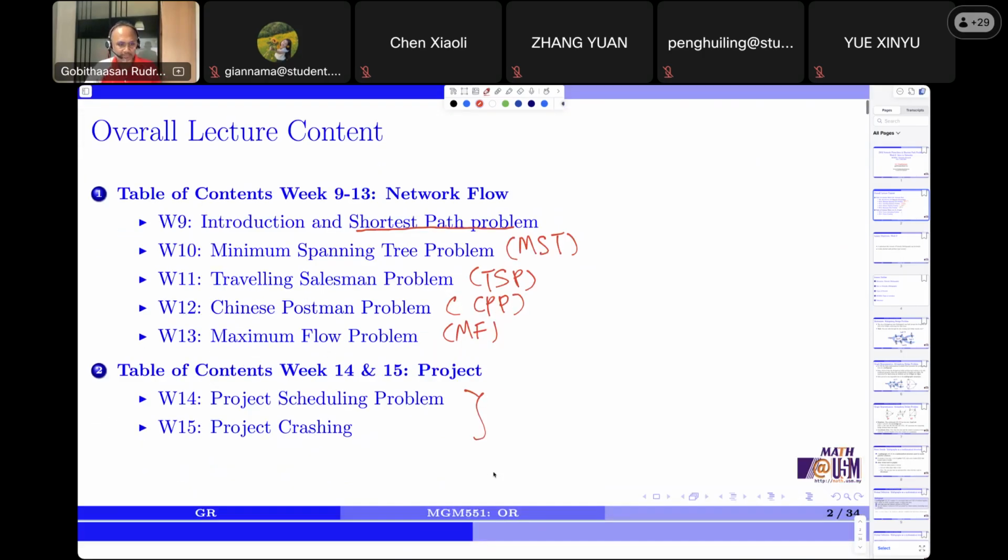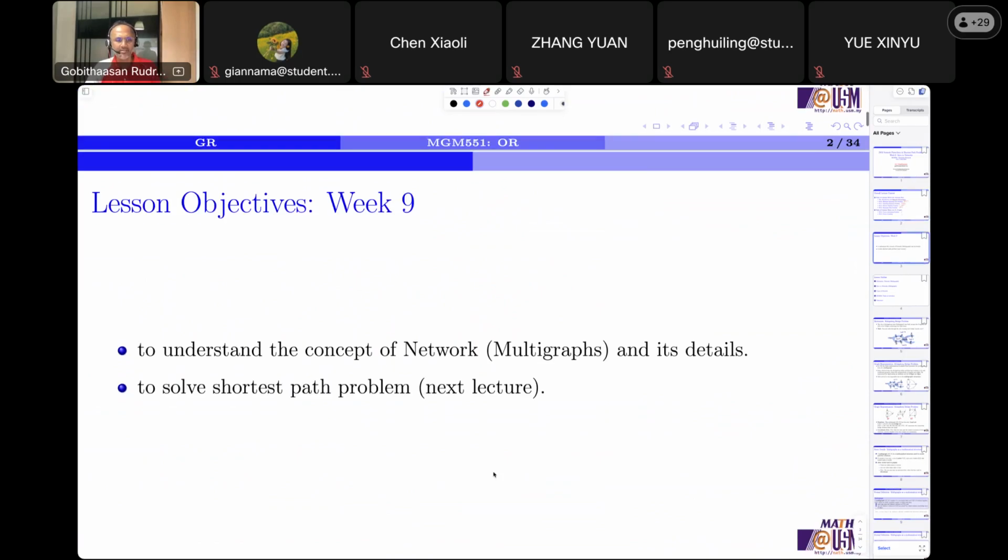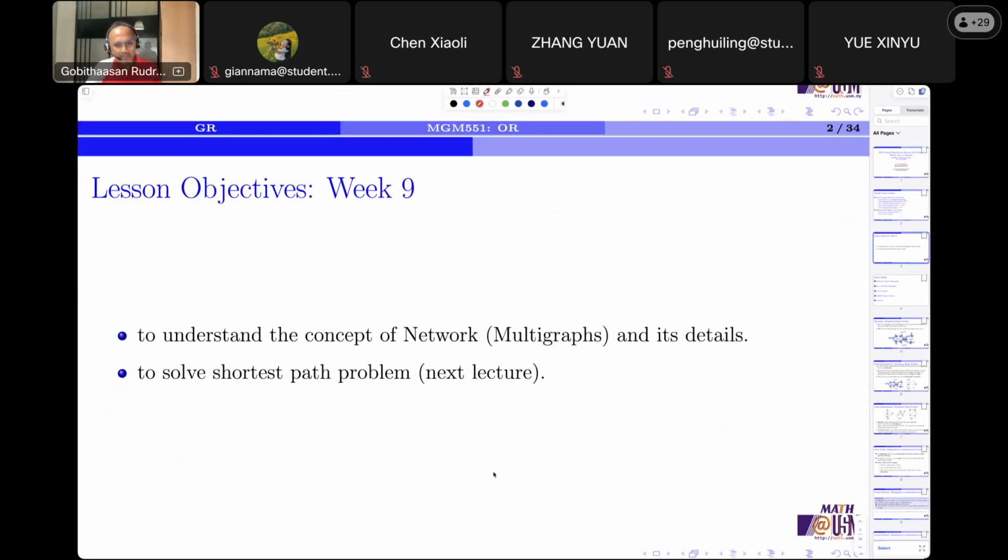All right. Now today's lesson is very simple. It's all about networks. Before we go into the second half, we need to understand what a network is. In pure mathematics, we call it a multigraph. We are just going to dwell enough on what a network is before we proceed to the rest of the chapters.